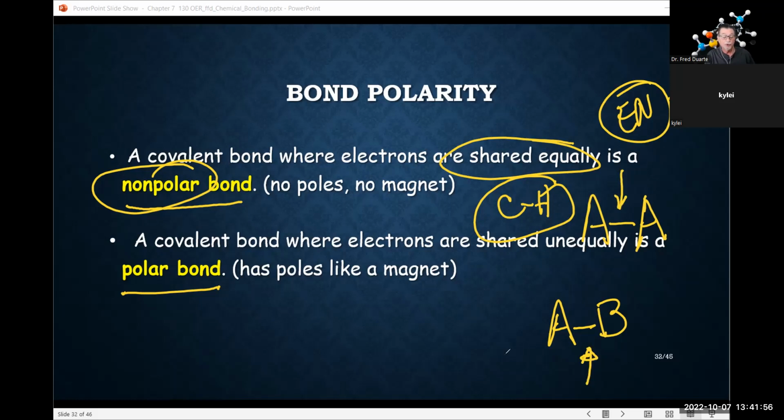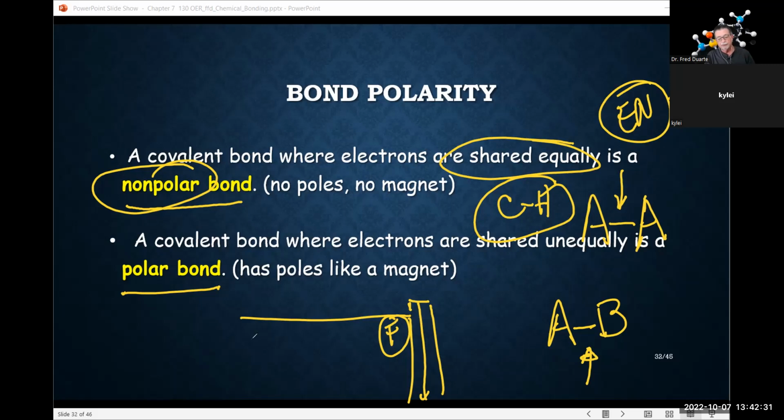Every element has an electronegativity value. We don't have to memorize all of them, but we can remember that on the periodic table, fluorine is in the upper right corner. We don't worry about the noble gases because they have no polarity at all, okay? So in group 7, we have fluorine, the most electronegative element there is.